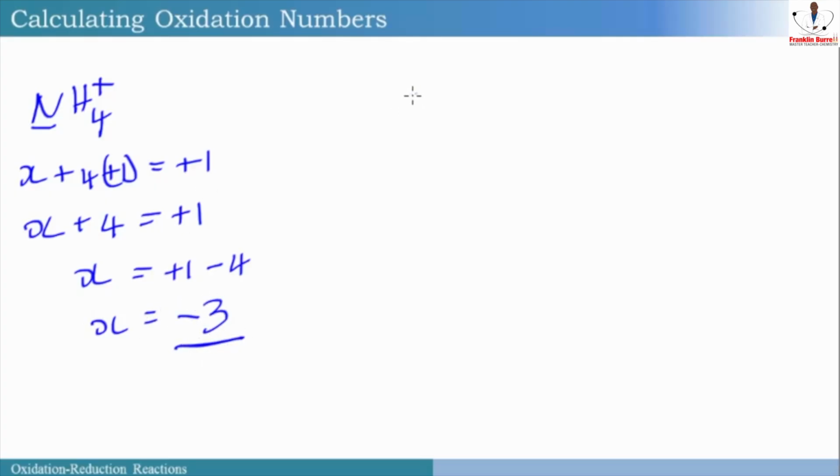And let's try one last one. So you should be getting the basic idea already. So let's try HSO4-. So in this case again, H is +1. So +1, and we want to find S, X, plus 4 times -2 equals -1.